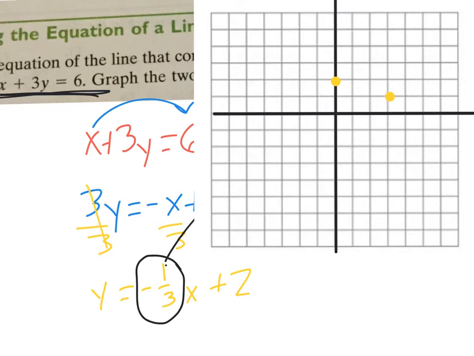I can do that a couple of times in both directions. Okay, and here is the graph of that line. I put arrows.